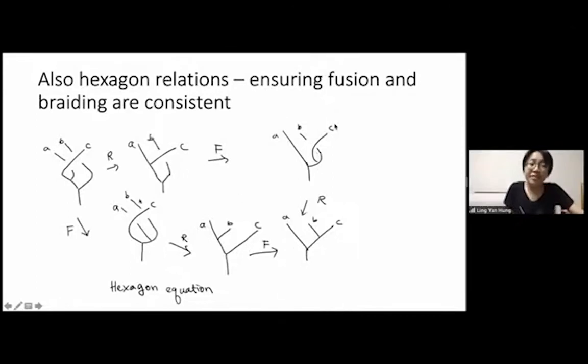And so again, this gives me the so-called hexagon relations, another consistency relation that relates your braiding data, the phase that you collect when you move an anyon over another, and also these associativity coefficients. This is called the hexagon relations because there are six pictures in this relation. So these are the basic fundamental constraints that you need to put in for any theory that describes something that can fuse and braid.